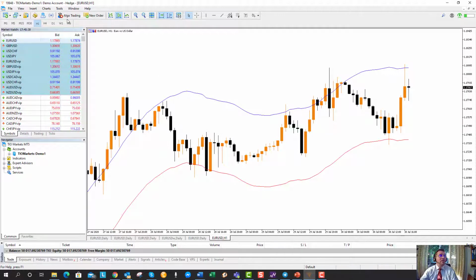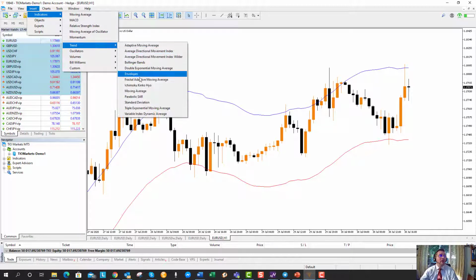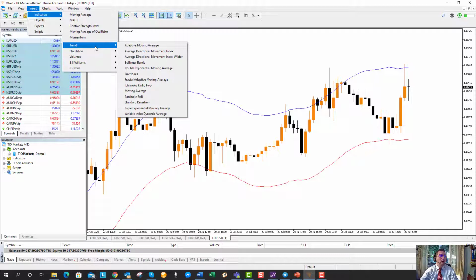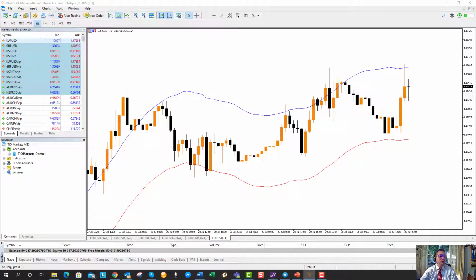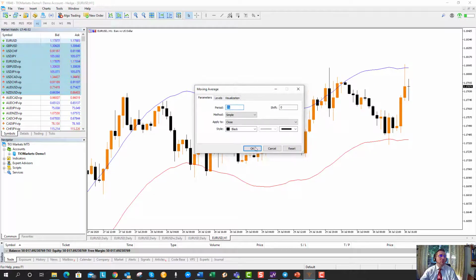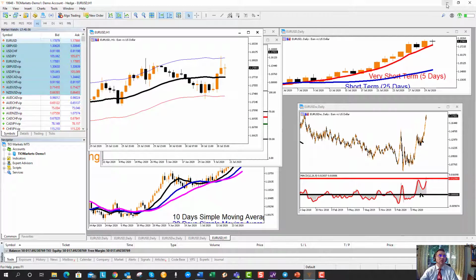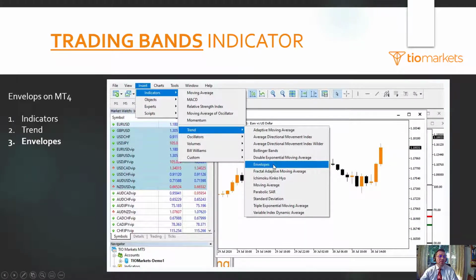Open that, and then we may also want to add a moving average as well. So let's put a moving average here. Let's call it a 21, and there we go. We have our envelopes. That's how you can add envelopes to your MT4 platform.